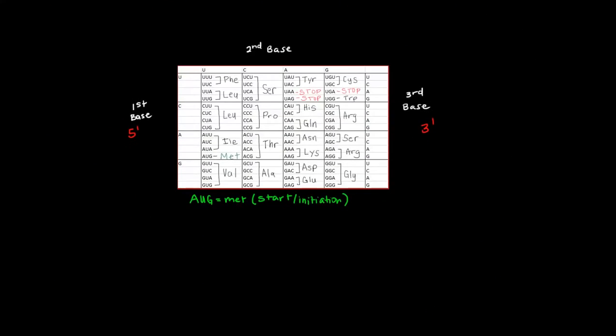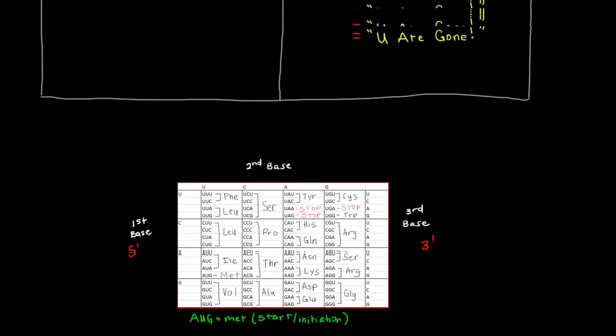Let me actually show you what I mean. If you look at this table, with the codon's first, second, and third base, isoleucine could be AUU, AUC, or AUA. All three of these codons code for the same amino acid. That idea is that it's degenerate.